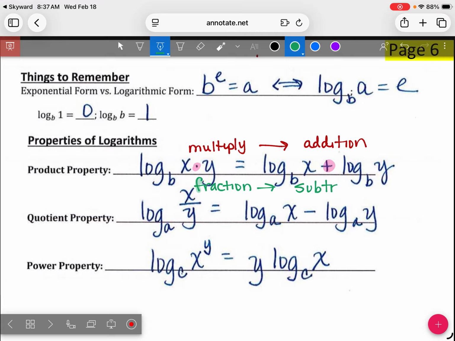But I meant to say, what's the opposite of addition? My bad. And lastly, whenever you see an exponent, like you see an exponent right here, we're just going to move it to the front.